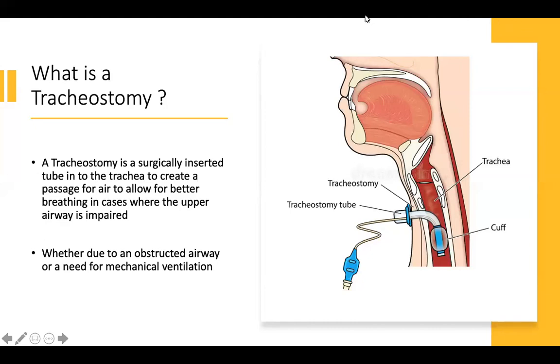So who would benefit from a trach, and who would need a trach?